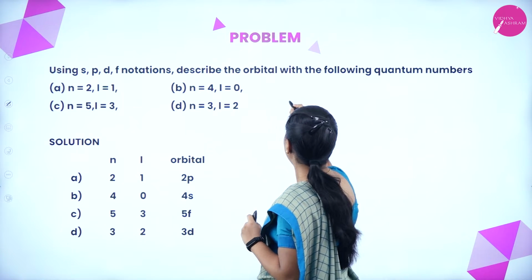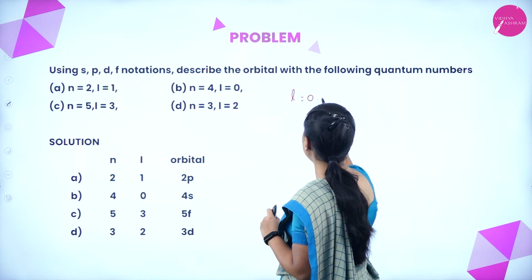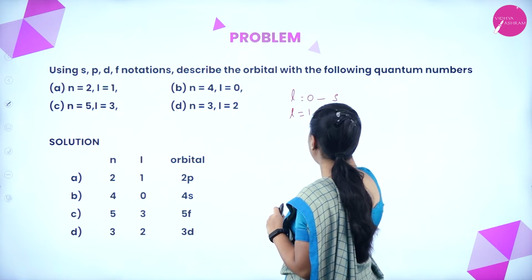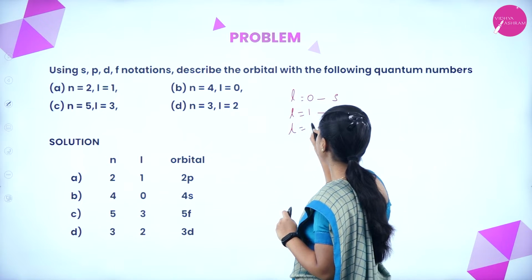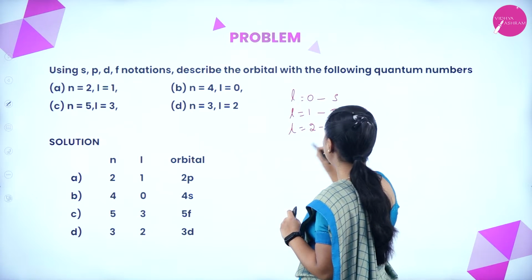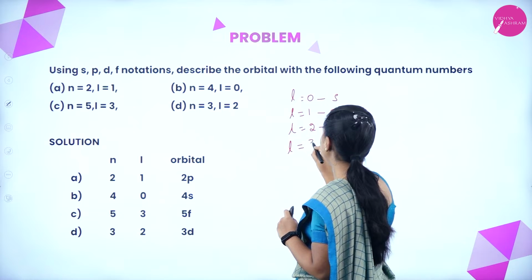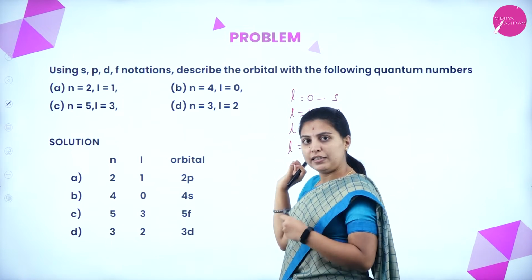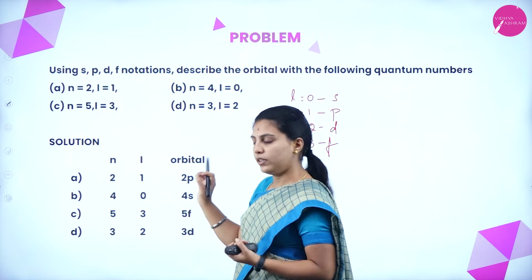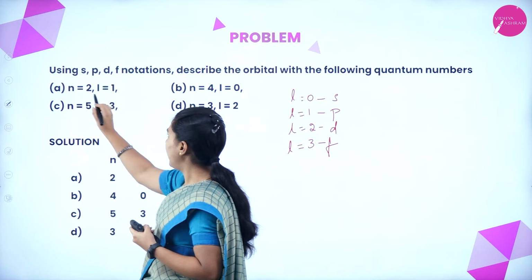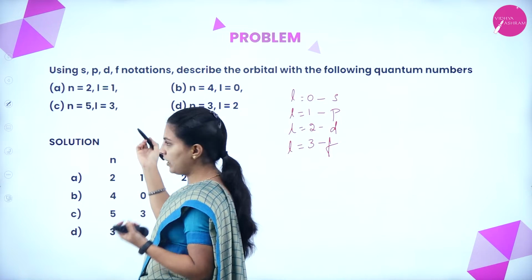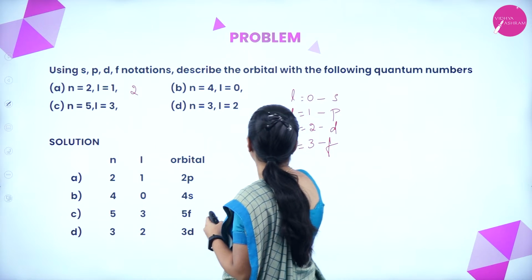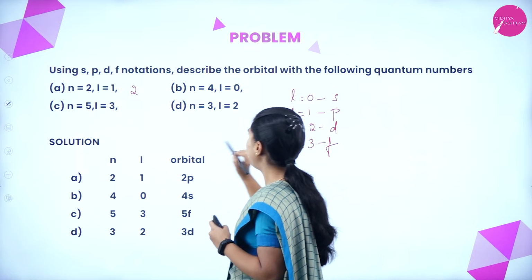We know that L equals 0 means S orbital, L equals 1 means P orbital, L equals 2 means D orbital, L equals 3 means F orbital. This is our basic information. This we have to apply to this problem. Okay. N equals 2 means that is the second orbit. Okay. L equals 1 means P.